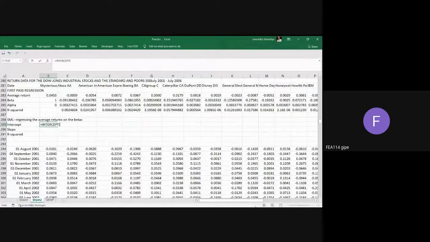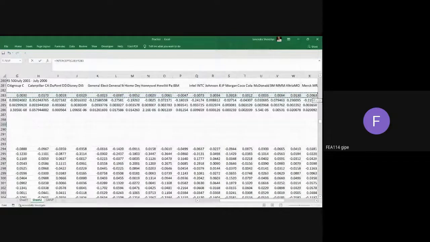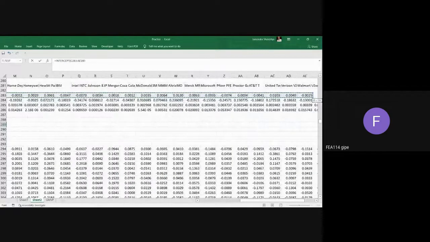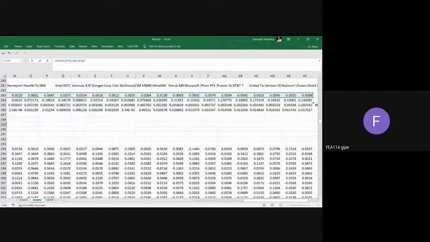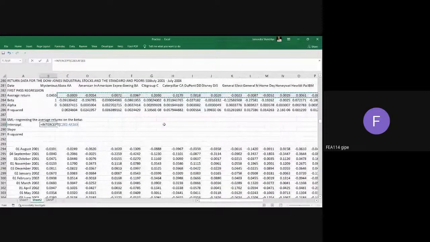Intercept, and intercept of what? So our y's are this one.